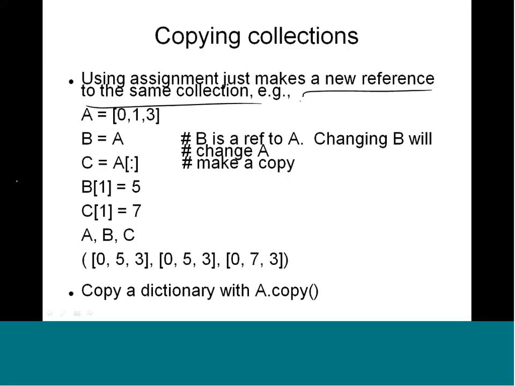So here basically we have a list A, B equal to A, C equal to A[:], and then if we set B[0] equal to 1 and C[0] equal to 1, and then we ask to print A, B, and C. So then essentially it prints 053, 053, and 073.